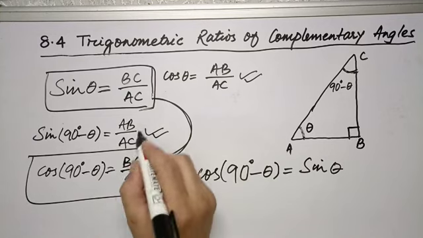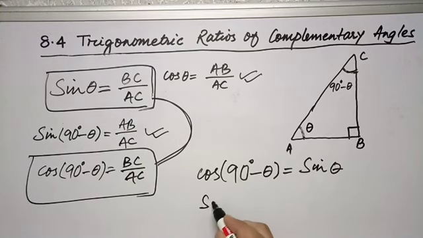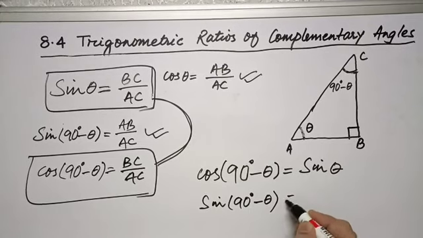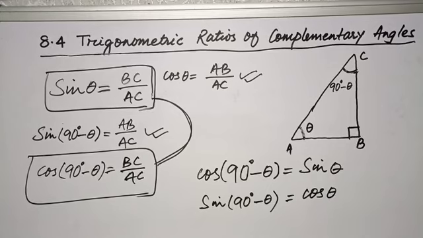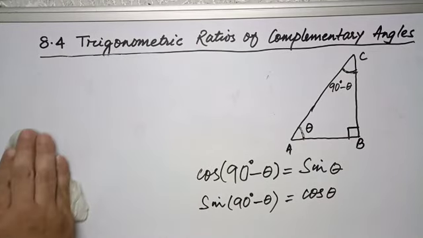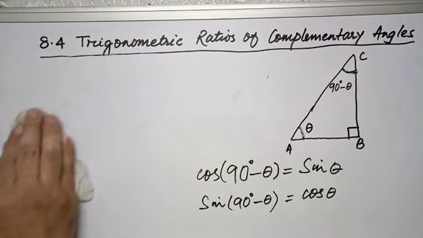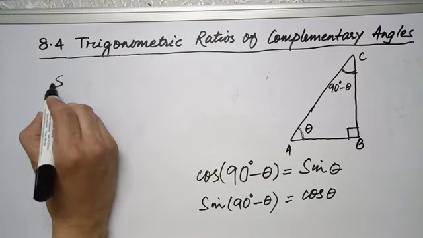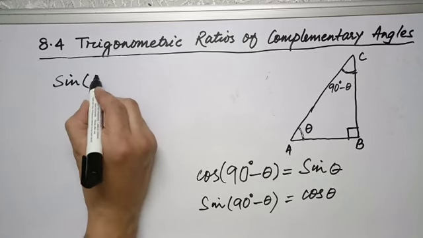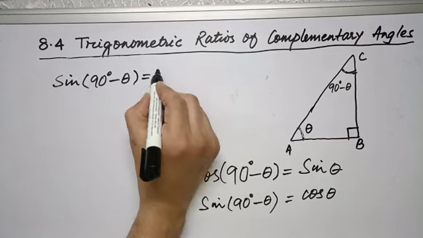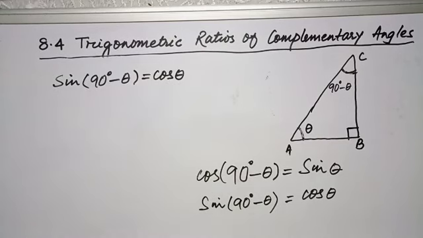Similarly, I can write sine 90 degree minus theta equal to cos theta. Okay, so this is what complementary angle says. Let me erase this portion first. Now from here we conclude that sine 90 degree minus theta is going to give me cos theta.